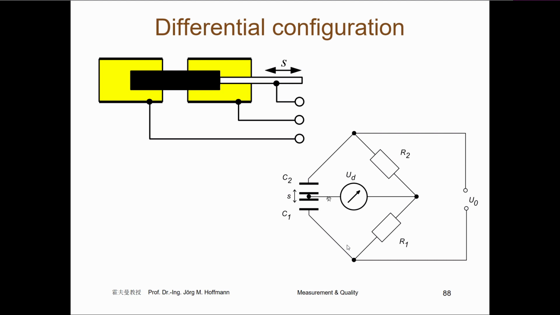You have the linearization, you have the double sensitivity, and you have an elimination of disturbances from outside when they influence both sides of the bridge. And therefore, many sensors which are linear, and where you can give your measurement value in one direction and the opposite direction, are very often used as a differential configuration because of these three advantages.